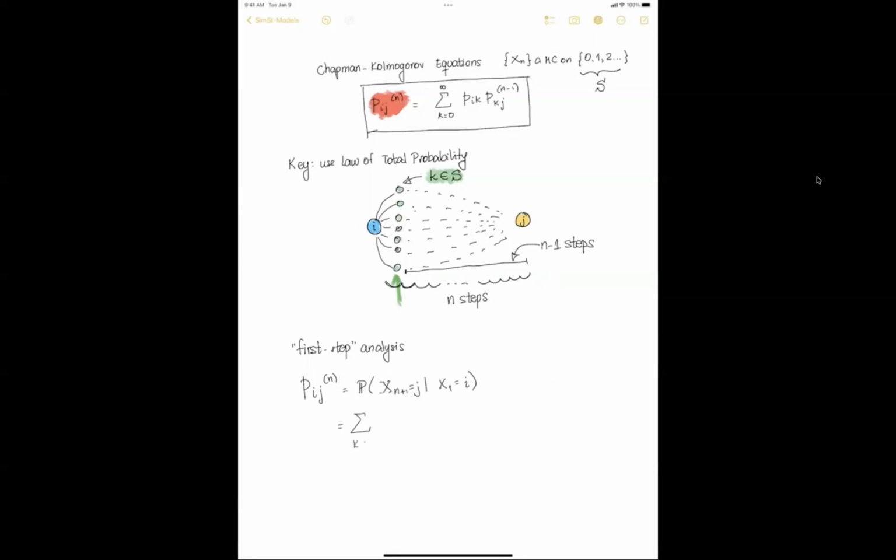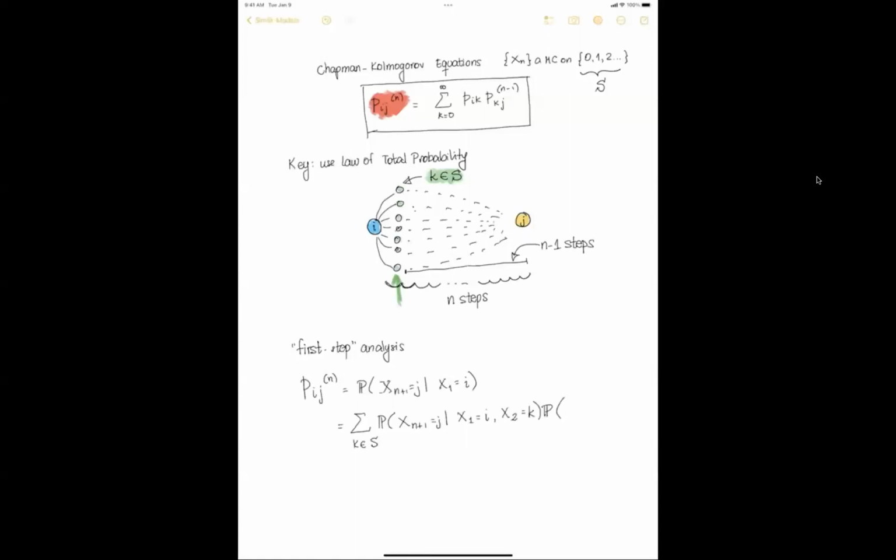So this is the sum over all the possible intermediate states of the probability that X_{n+1} equals j, and now I'm conditioning not just on X_1, but also on X_2. I do one step, so this means that I'm conditioning on X_2 as well. And then I have to multiply by the probability of the conditioning event.